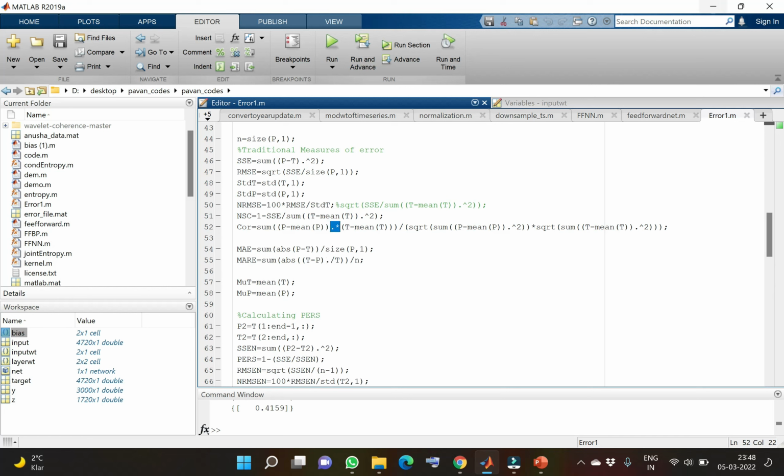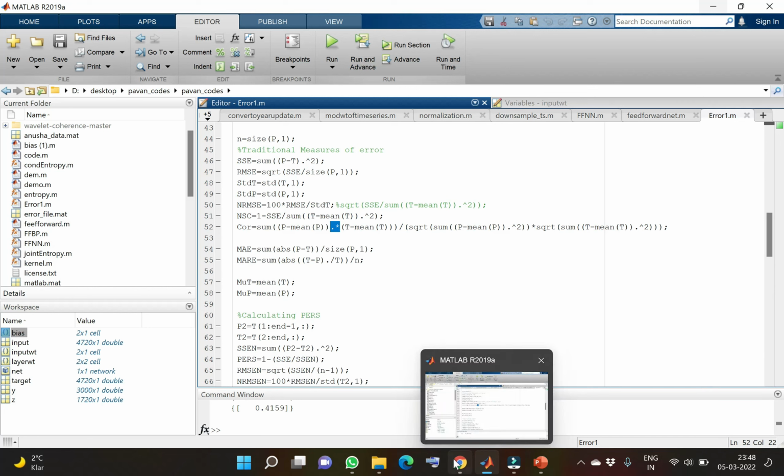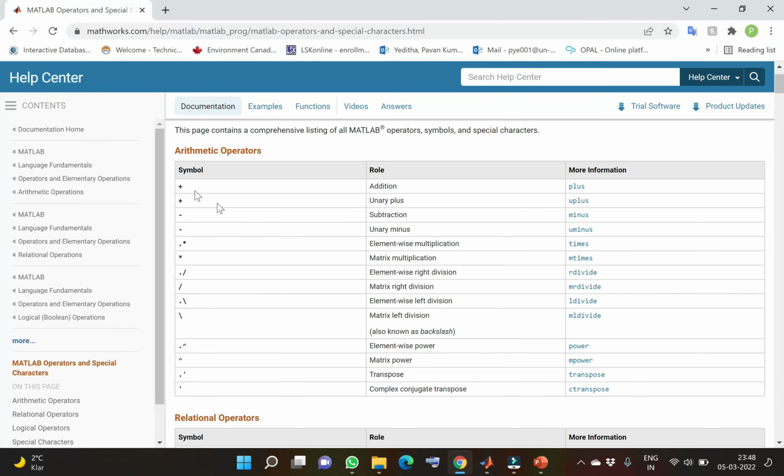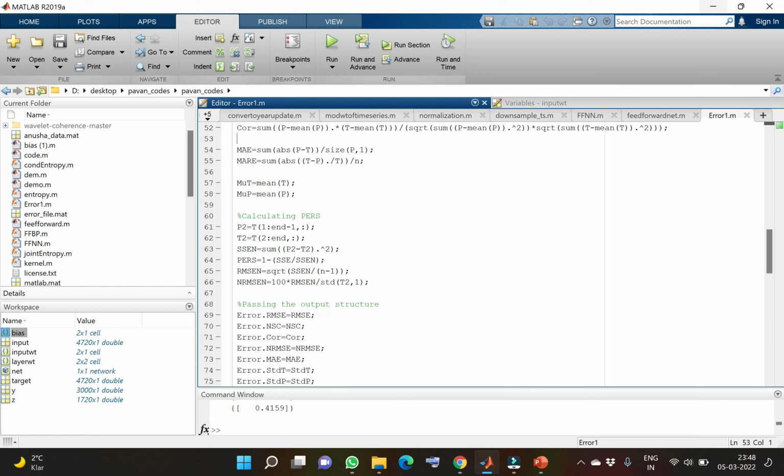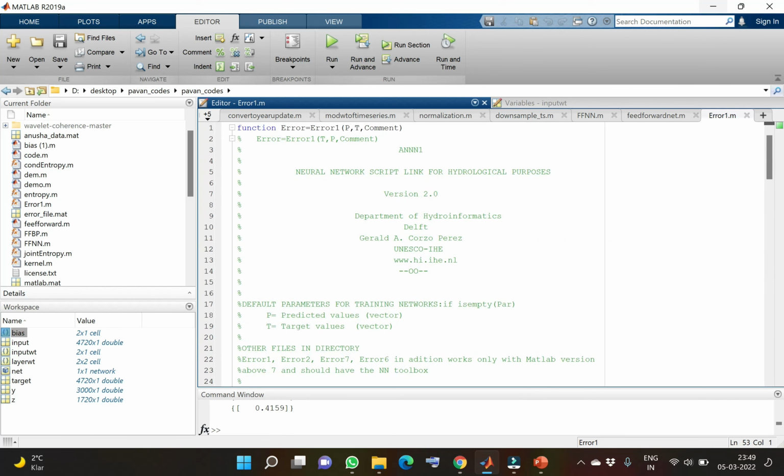We can see what these mean from the Matlab operator list. Dot star means times, element-wise multiplication, whereas dot slash represents element-wise division, and dot caret represents power of. So that is what these elements mean, and these are the formulae they have used to develop this code.